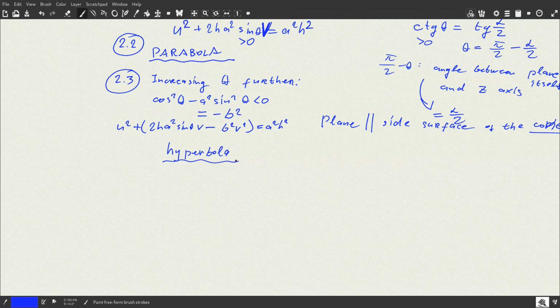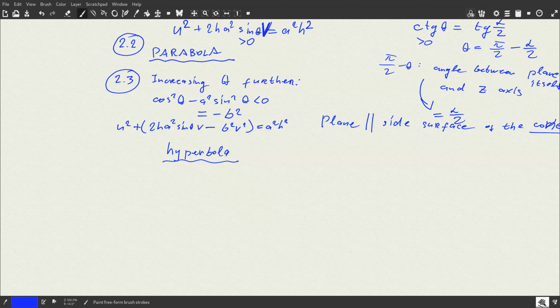What is important is that the ellipse is obviously bounded, as well as the circle, because we have u squared plus a positive coefficient times v squared equals a positive right hand side. Therefore, u and v cannot increase to infinity, because the left hand side would eventually become greater than the right hand side.